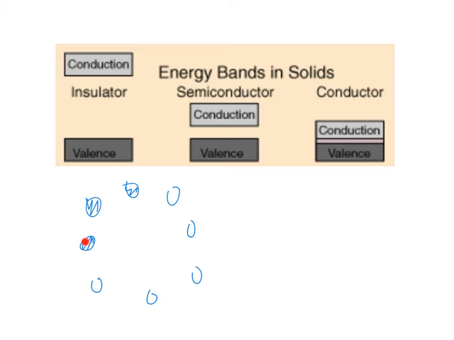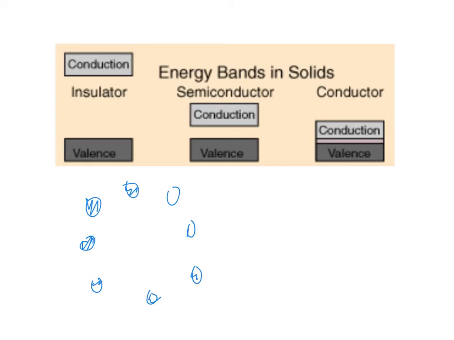So you have many of these valence electrons, but you have also many of the places which are empty. So it's easy for you to make the electrons travel along the conductor, because there's already empty spaces within the same outer shell.